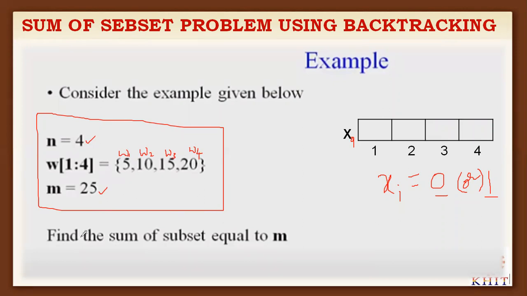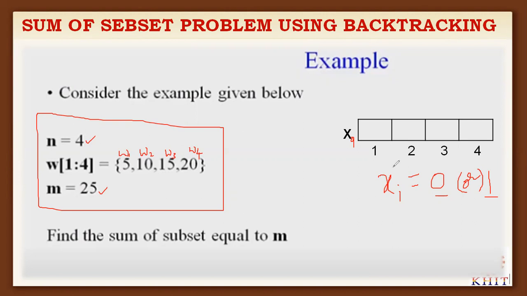Now we need to find the subsets whose sum is equal to m. How many solutions are to be generated? To solve the problem, you need to construct a state space tree in a stage-wise manner, applying the backtracking technique whenever a condition is not satisfied.